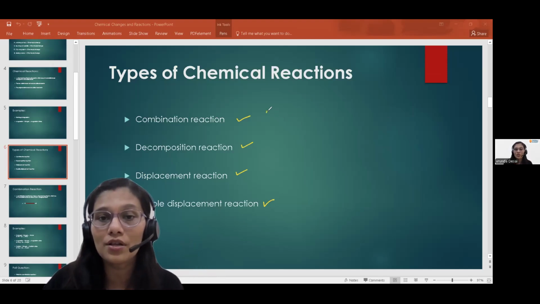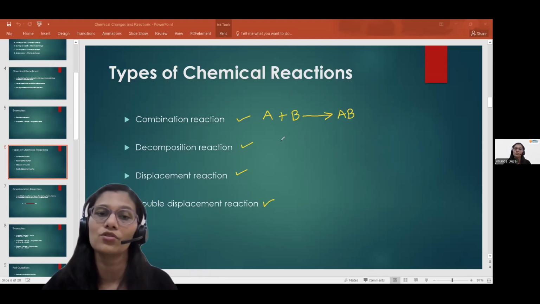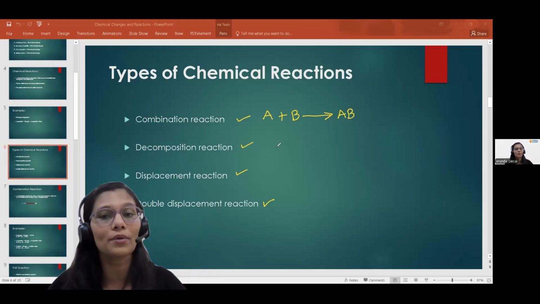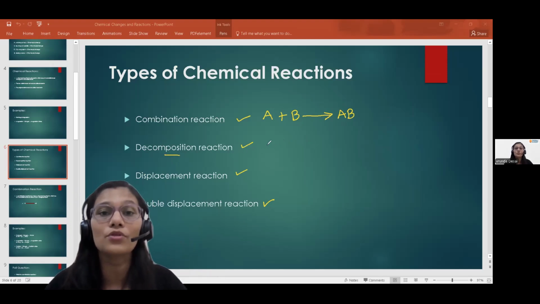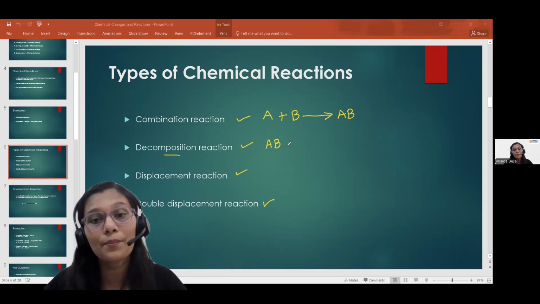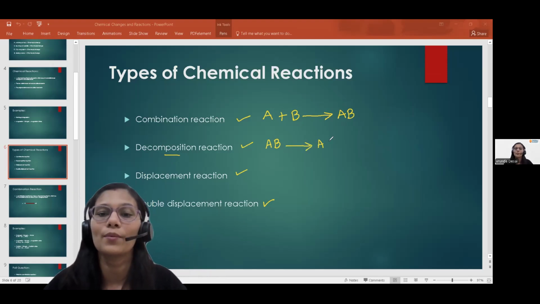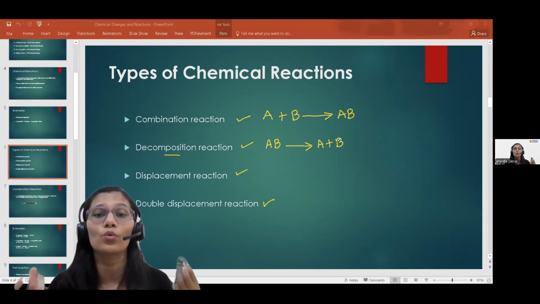A combination reaction is when more than one reactant combines to form a single product. Here you can see A plus B gives AB. That's a combination reaction. In a decomposition reaction, a single reactant breaks down into more than one product.